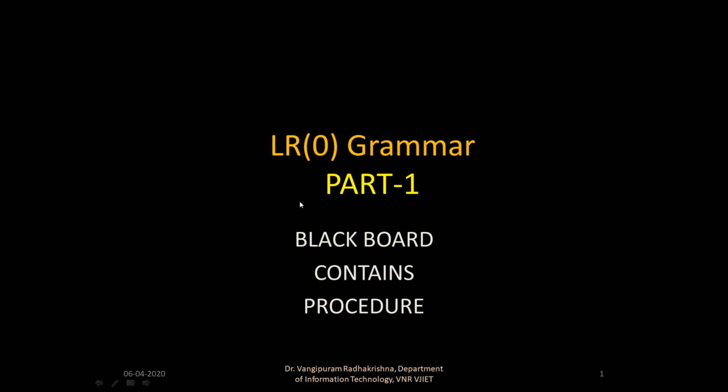The procedure proves the grammar is not LR0, but unfortunately it cannot be applied to prove that the given grammar is LR0. This is the limitation we speak of with respect to this procedure, which is why we call it a one-way test.